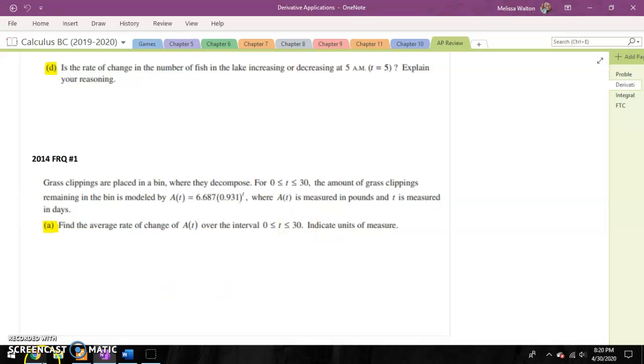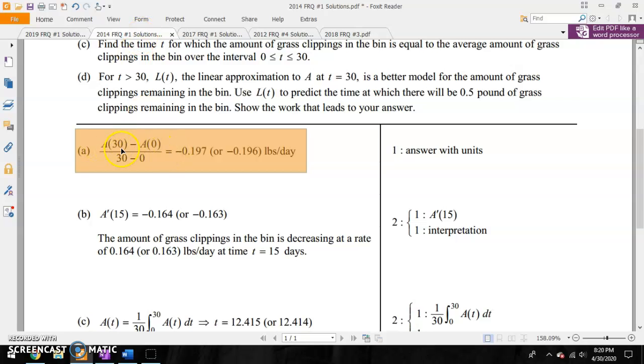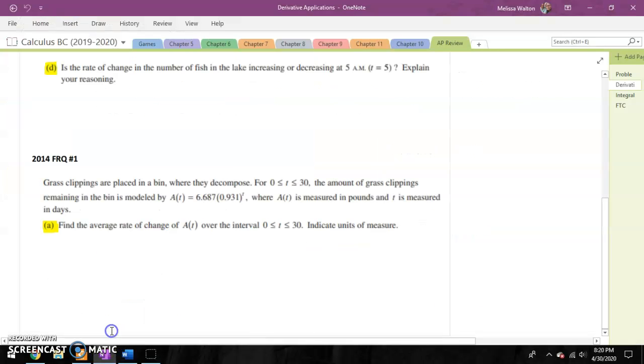Well, average rate of change here would look like this: how many grass clippings are there at 30 minus how many are there at 0, divided by 30 minus 0. So this one is decreasing, in pounds per day. Now, what would this question look like if I needed to use an integral?